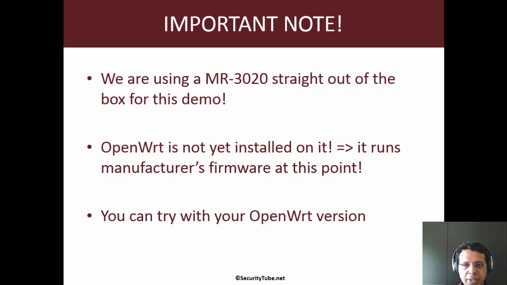For your case, this demo wouldn't be any different. The only difference is your firmware is OpenWRT. So keep that in mind, because as we boot up the firmware, the messages which we see on the screen might be significantly different for both of us.